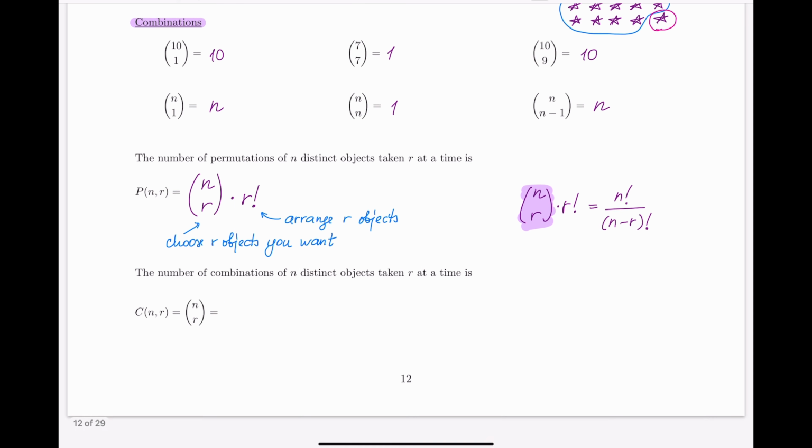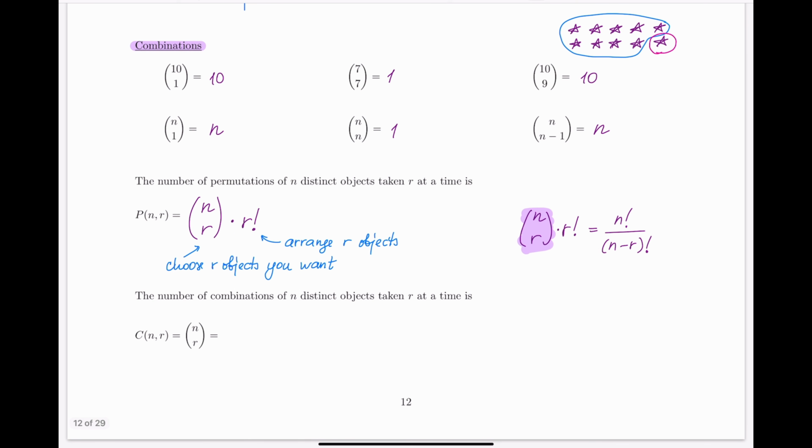Altogether, solving for n choose r gives us n factorial divided by r factorial times n minus r factorial. It looks like a big ugly formula, but remember, you do not actually have to memorize it.